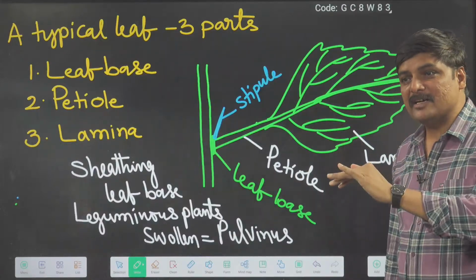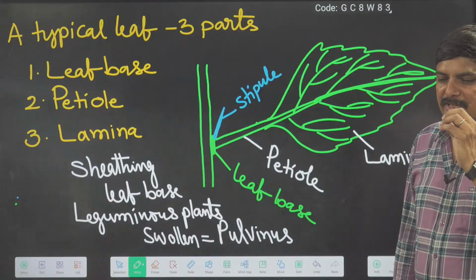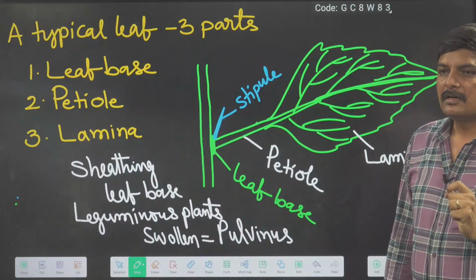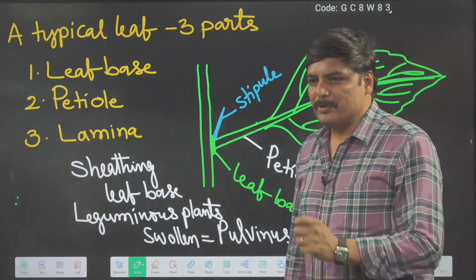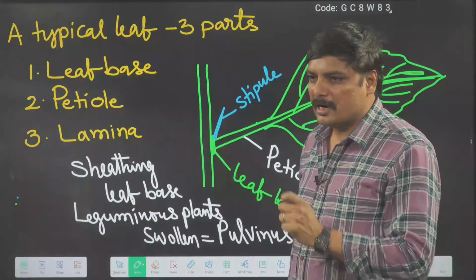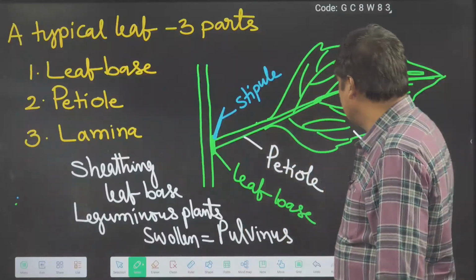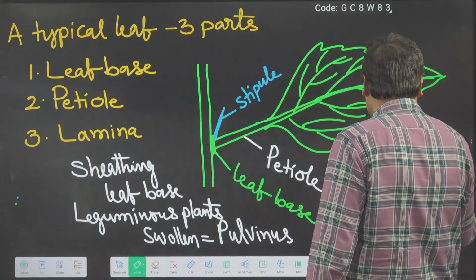Stipule may be present or may not be present. Generally, stipules are present in dicots. Stipules are rare in monocots, common in dicots. If stipule is present, such leaves are called stipulate leaves.